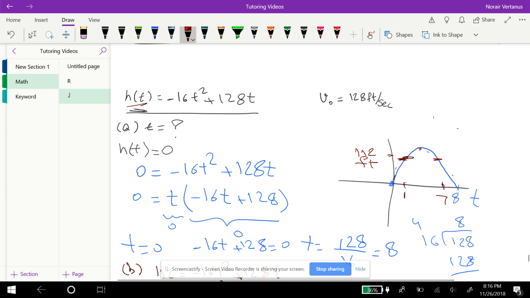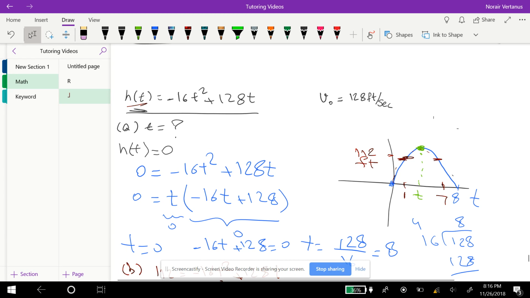And then part C says, how long will it take the rocket to hit the maximum height? Now, we want to see when it reaches the maximum height, what the time is. So to get this done, we know that this is the vertex, the maximum height, right?